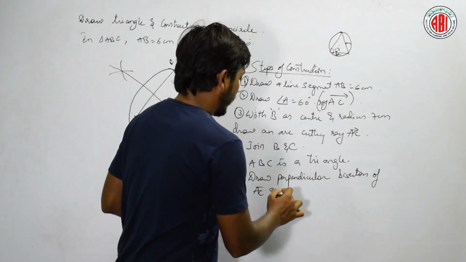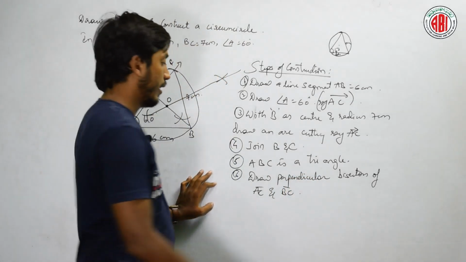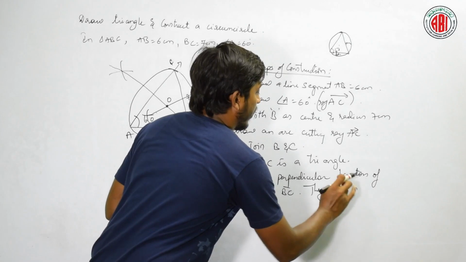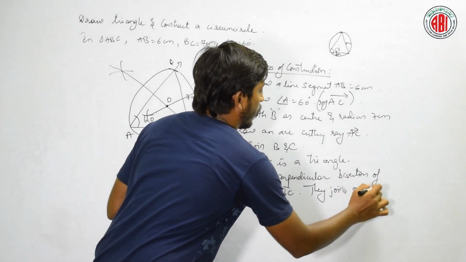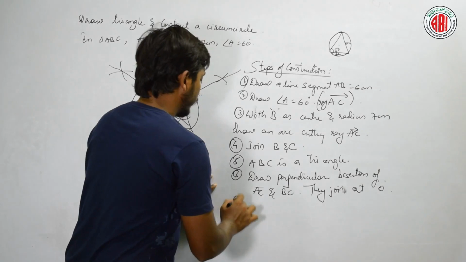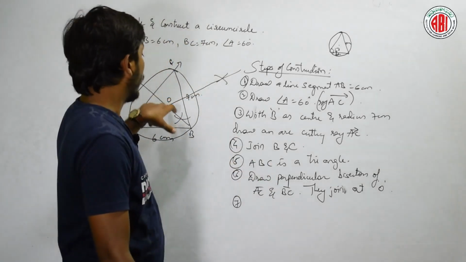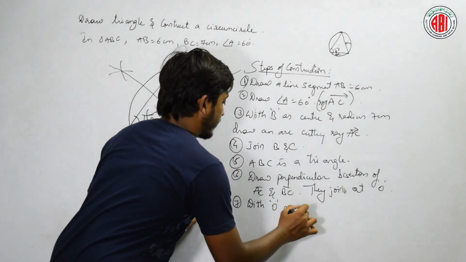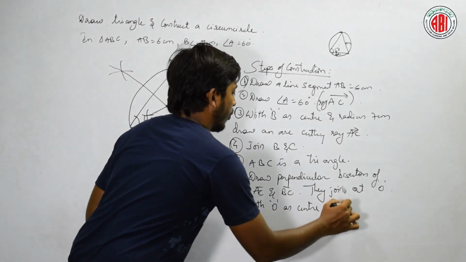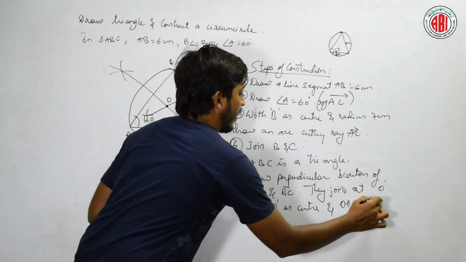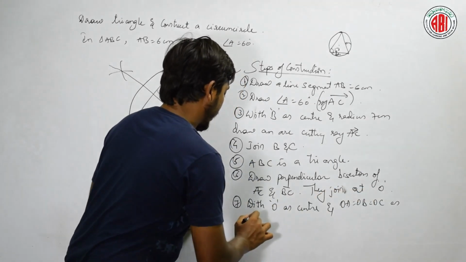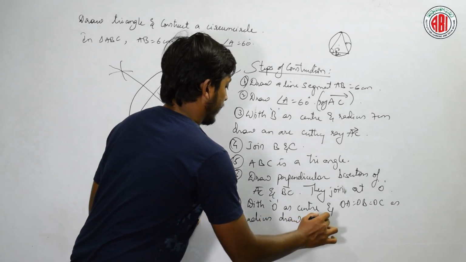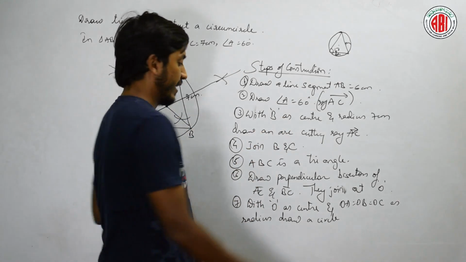They meet at O. With O as center and OA, OB or OC as radius, draw a circle touching the 3 vertices.